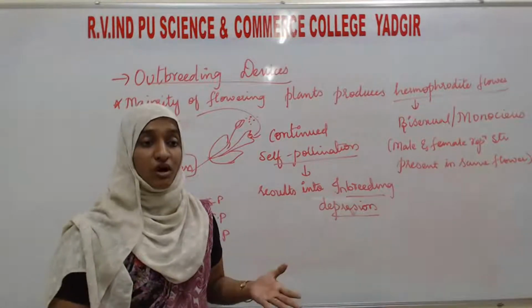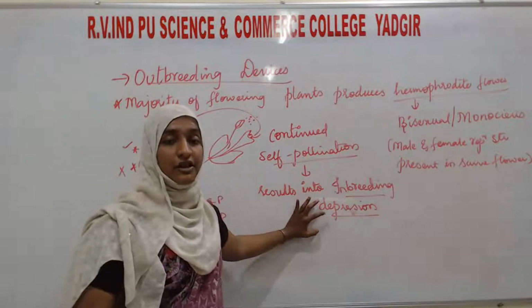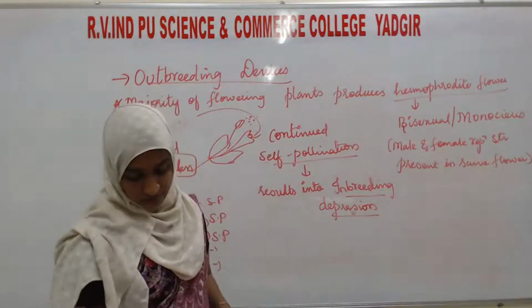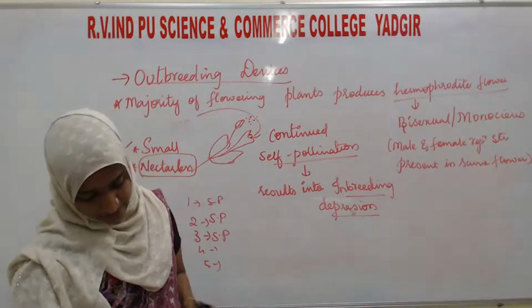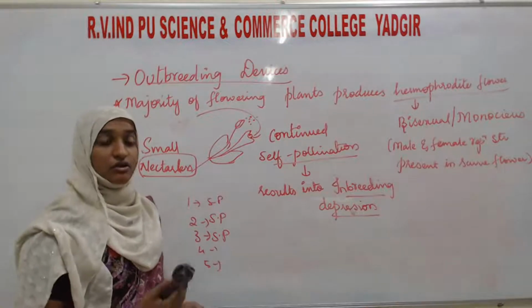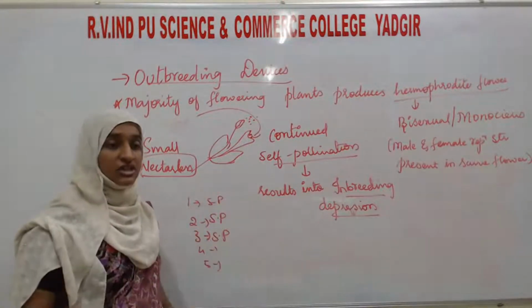They are not going to show off their characters. So that is known as the inbreeding depression. When is the inbreeding depression going to take place? When there is continued self-pollination. So what to do to encourage cross-pollination? We don't want self-pollination in continued generations.